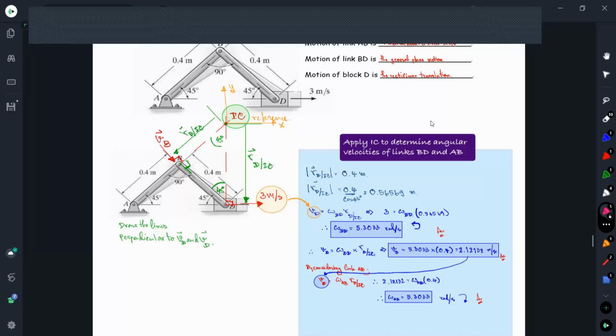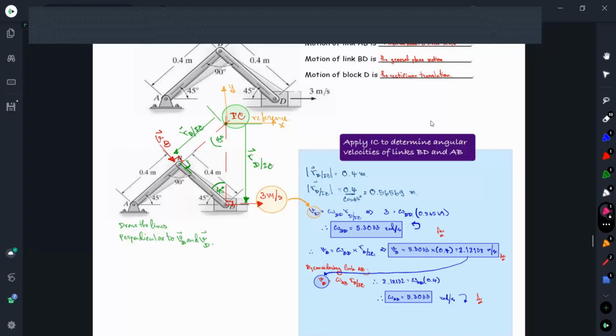According to this, we know that VD is equal to 3, which is given from the problem. When we apply the IC technique, we find that VD is equal to omega BD times r D/IC. So we can determine omega BD equal to 5.3 radian per second.